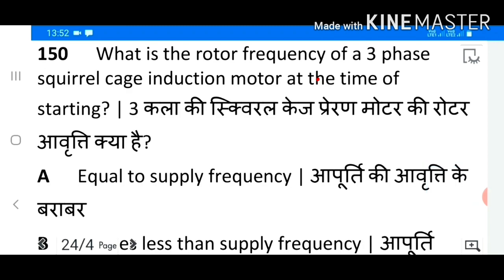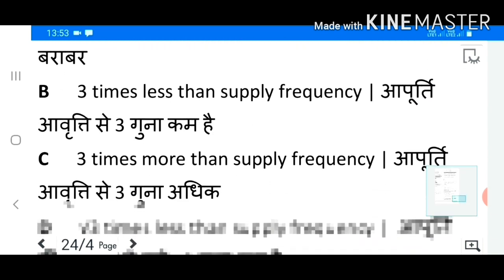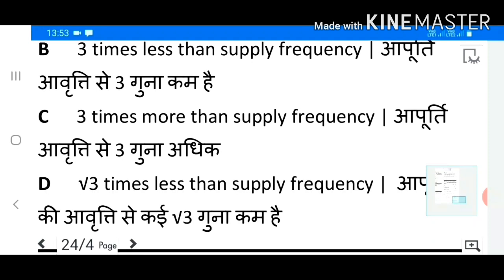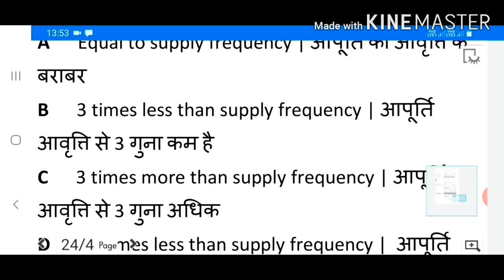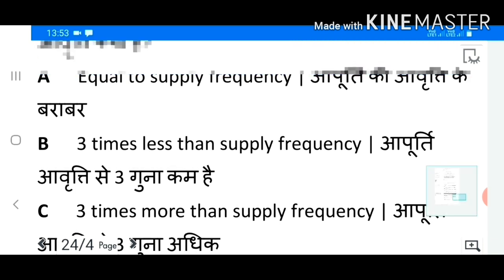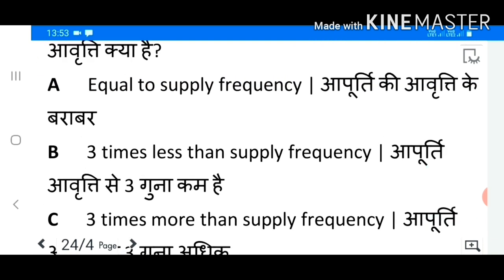150. What is the rotor frequency of a 3-phase squirrel cage induction motor at the time of starting? Answer A. Equal to supply frequency.